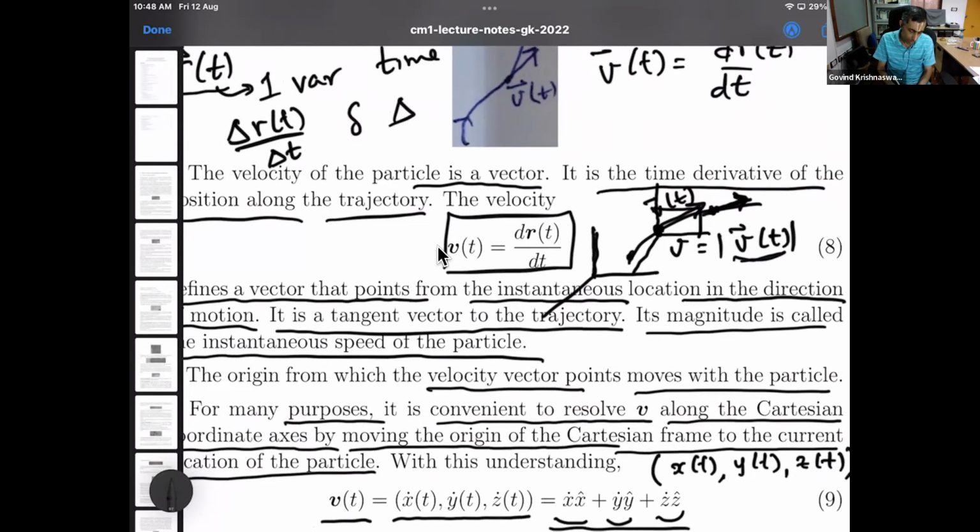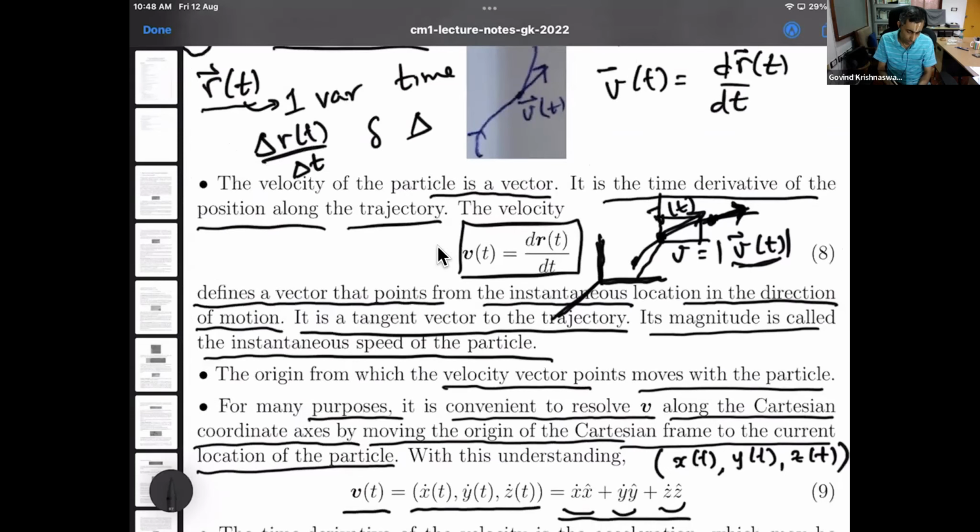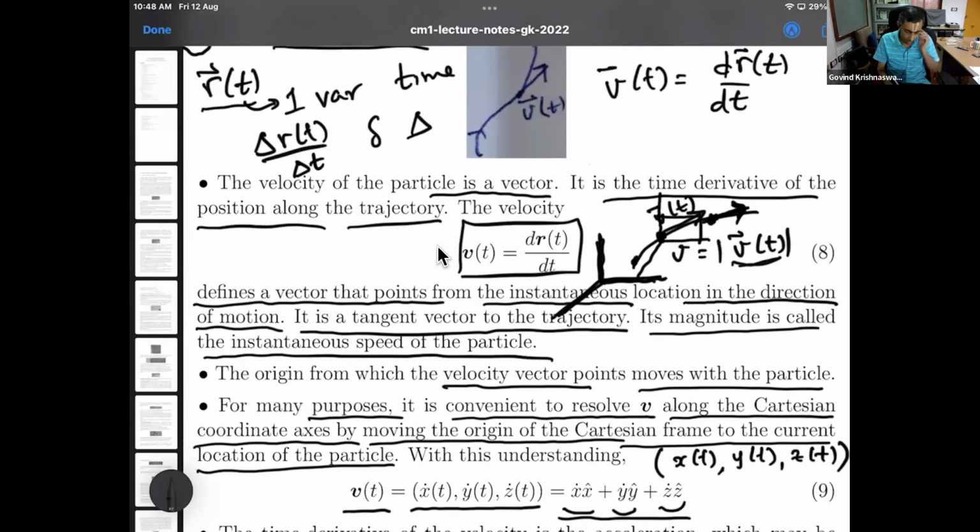My origin of that fixed frame is somewhere else. It doesn't coincide with the origin defined by the velocity vector. So to remedy this situation and resolve V along these axes, I will move my fixed axis, with fixed origin, to the current location of the particle. So I parallel transport it here at the instant considered. Right, I'm considering the situation today now.